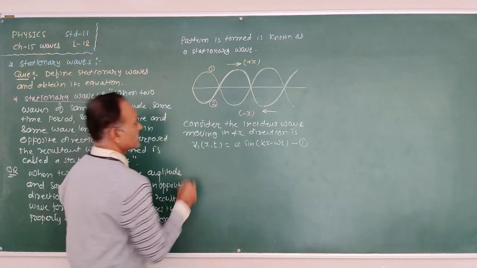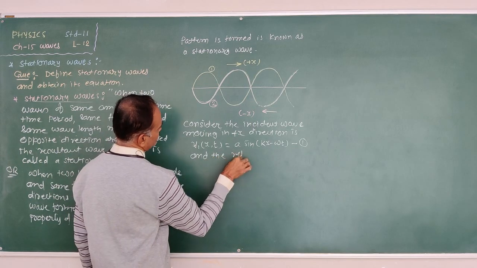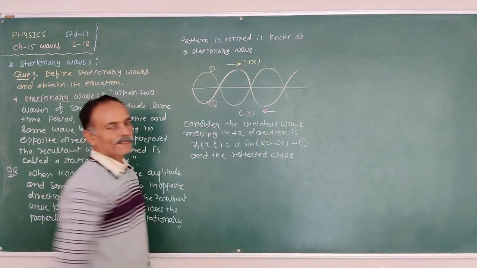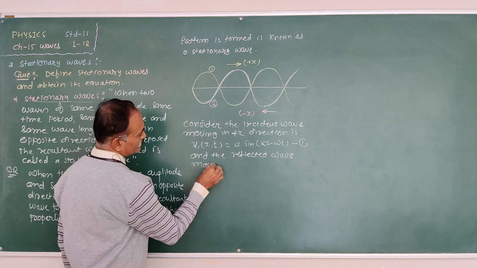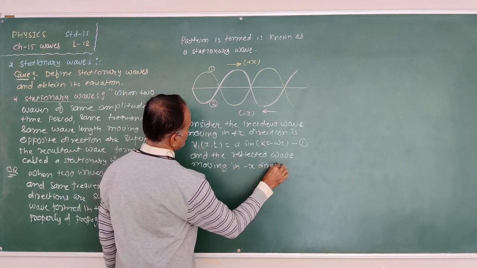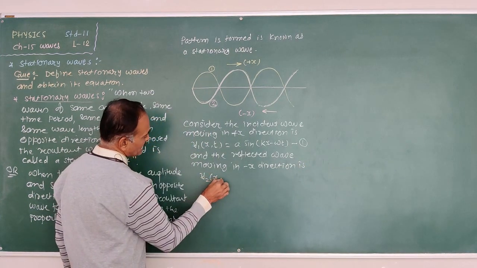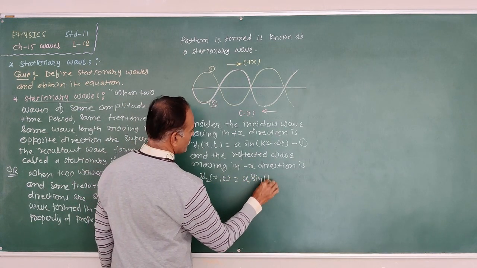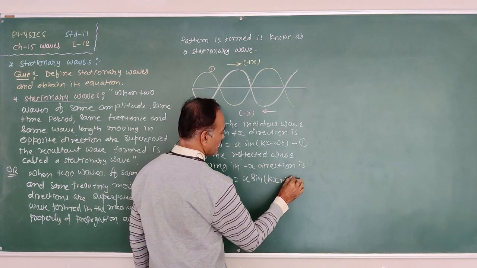And the reflected wave, or the other wave moving in minus x direction, is y2(x,t) equal to a sin(kx plus omega t), with the same amplitude, same wave vector and same angular frequency.